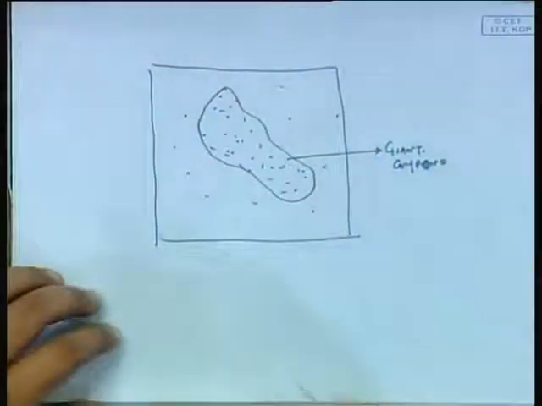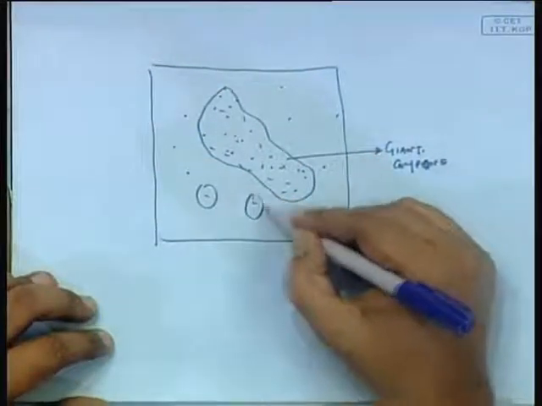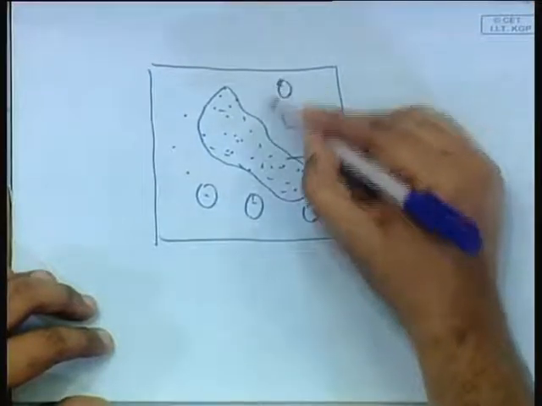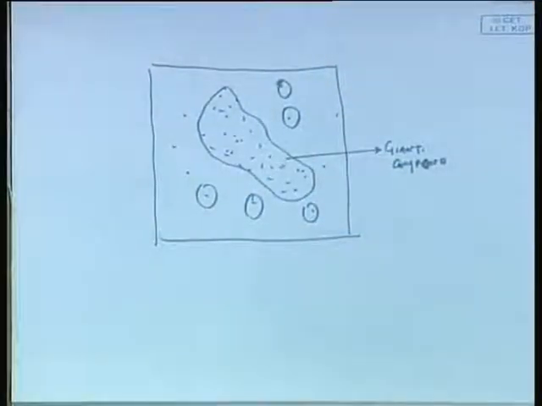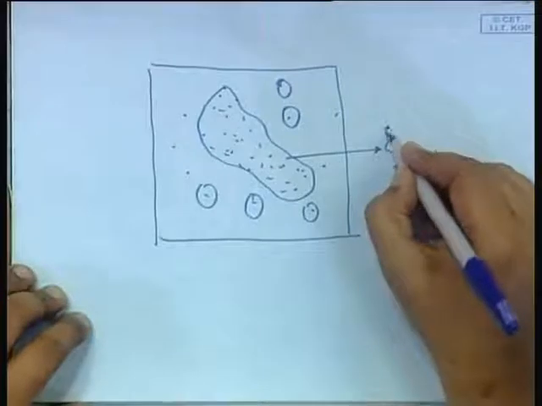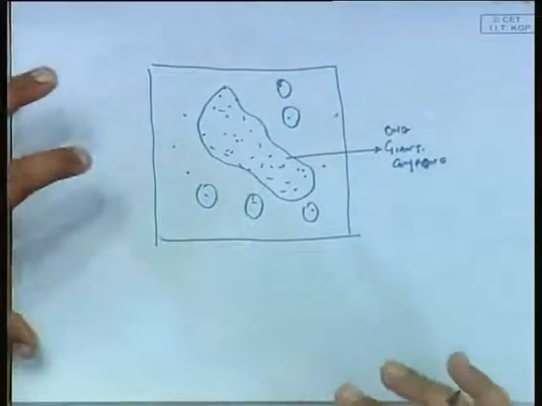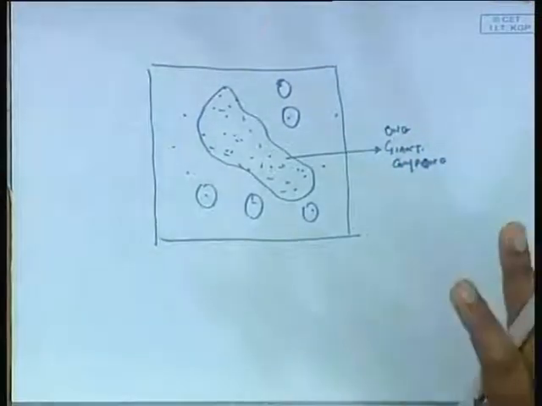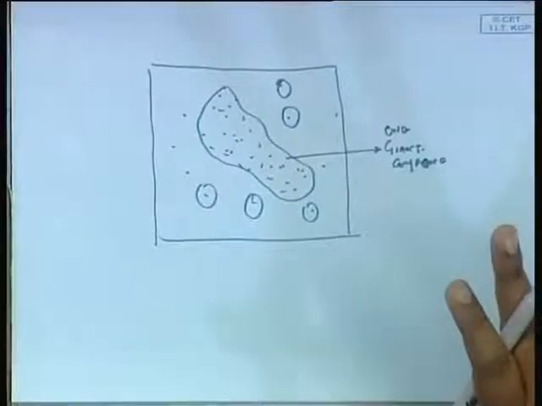So, isolated small components. First step is all drops, then small components, suddenly one giant component, and then the entire network, entire space.